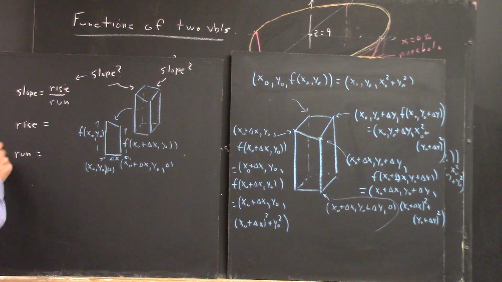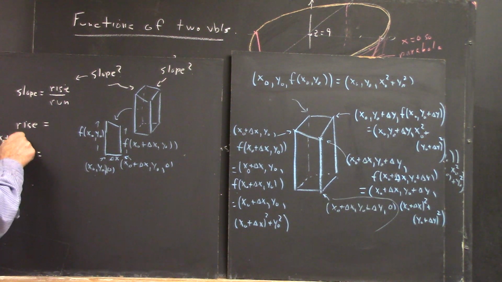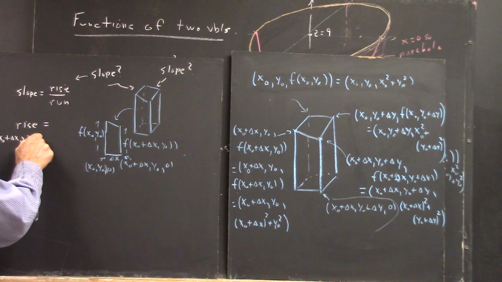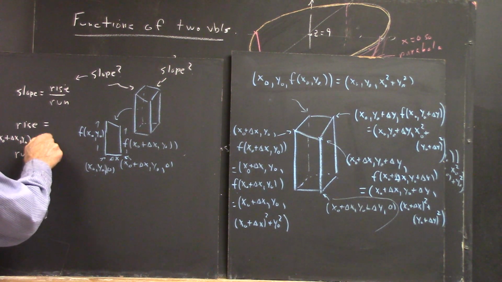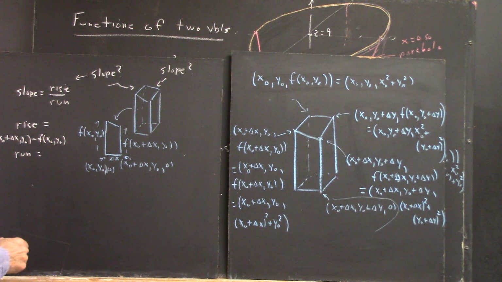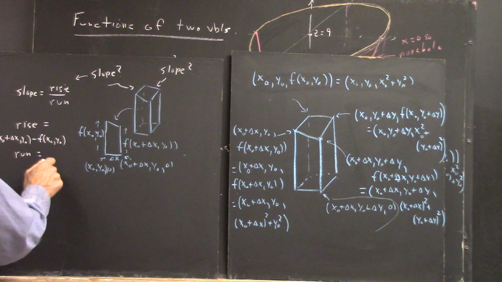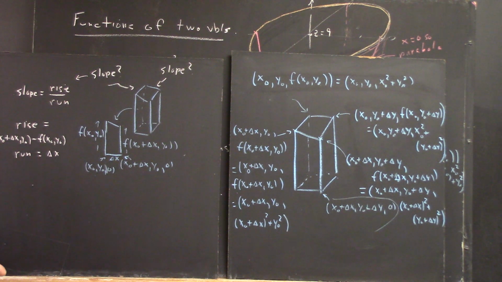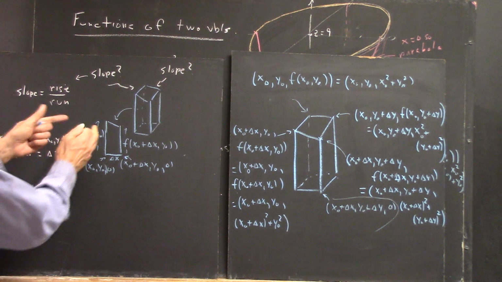So the rise is this, and the run is delta x. This is a simple slope.